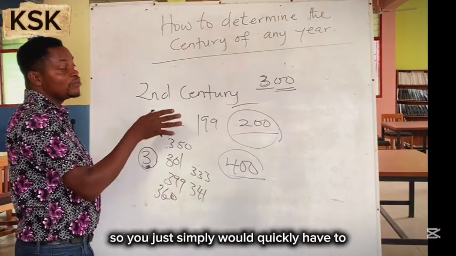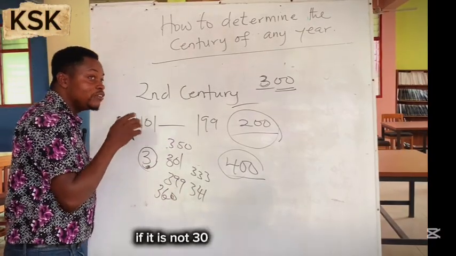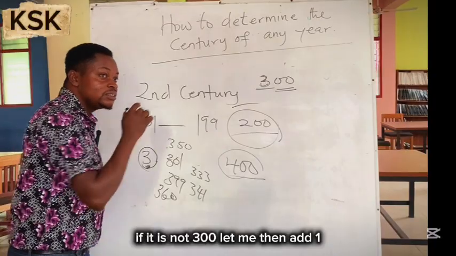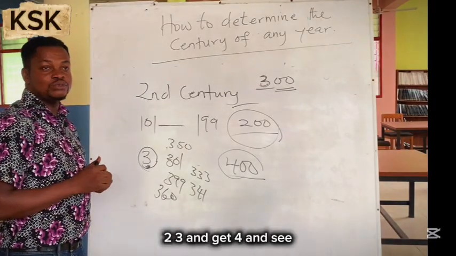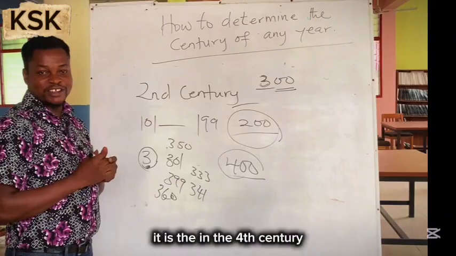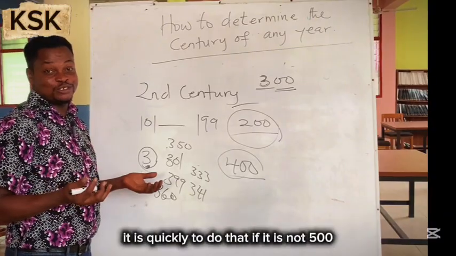So you just simply have to, if it is not 300, add 1 to 3 and get 4 and see it is in the 4th century. It is quick to do that.